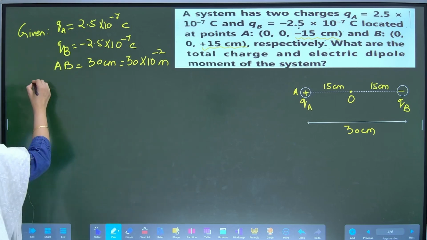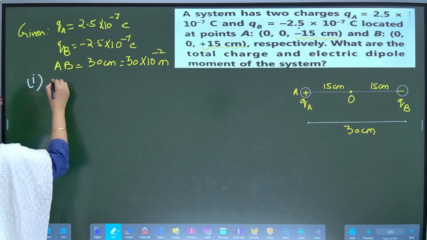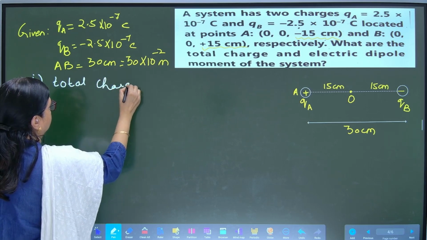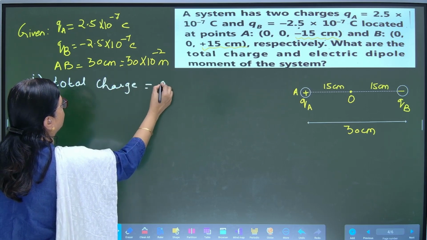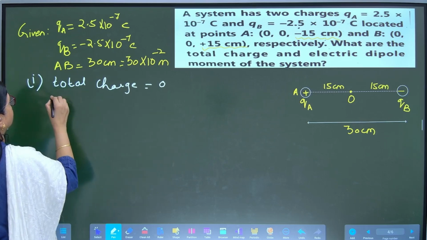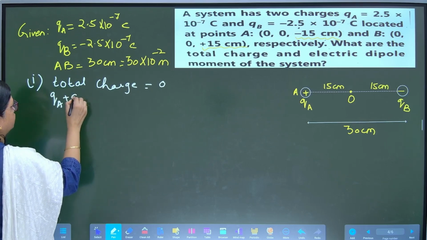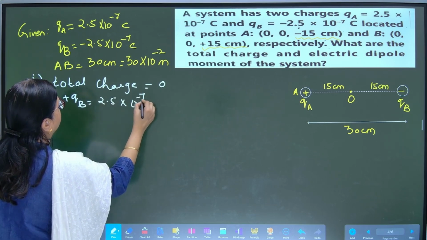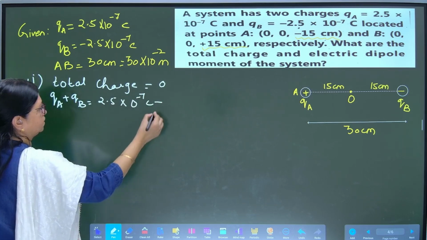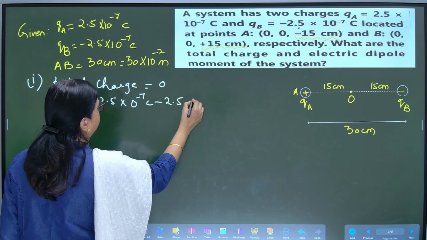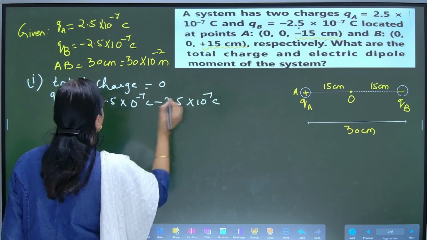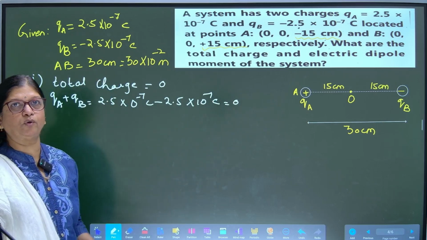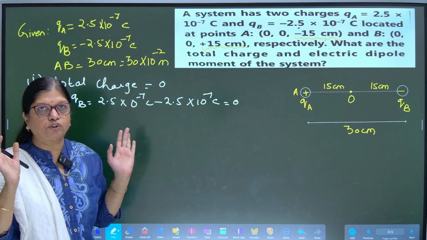So first bit I can write total charge equal 0. If you want, you can show also QA plus QB is equal to 2.5 into 10 raised to minus 7 coulomb plus negative 2.5 into 10 raised to minus 7 coulomb, which amounts to 0. So always for a dipole, the net charge is 0, which is shown here.